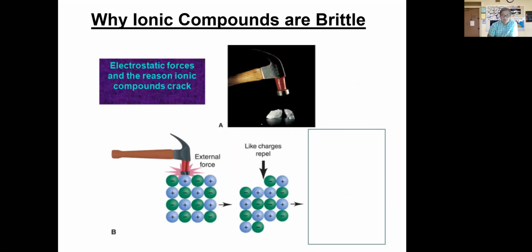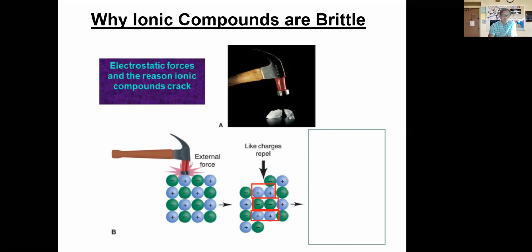If you shift it down, at this point here you have two positives, two negatives, two positives right next to each other. What you've done is force ions that are charged exactly the same next to each other, and what do like charges do? They repel.